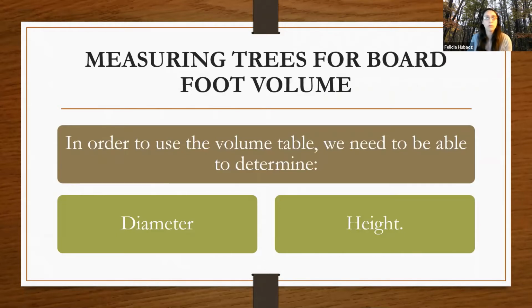If you have these 2 measurements, you're doing really, really well. So I am going to talk about volume tables at the end, but first I want to make sure you understand exactly how to take proper diameter and take proper height, and we'll talk about the process and the tools.